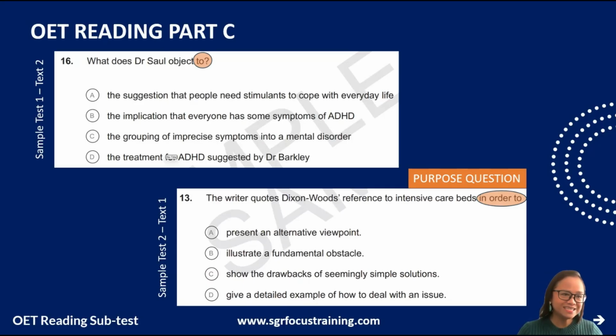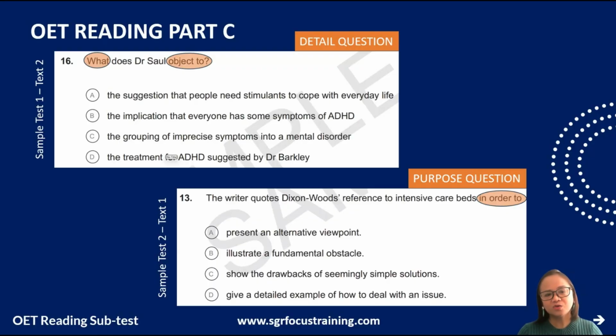Question number 16 on text 2 of sample test 1 is actually what we call a detailed question because it starts with the question word what, ends with the word to, and has the word object. When you say something he objects to, that is very, very specific.